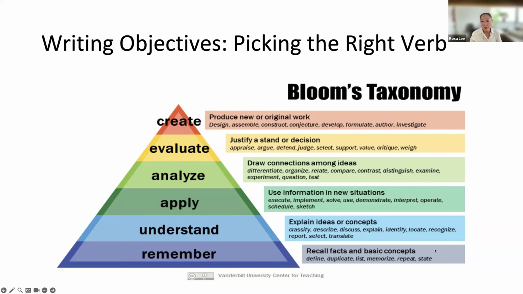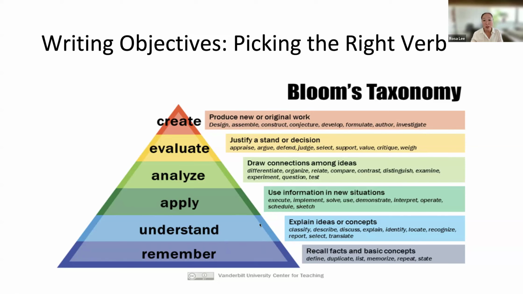So on the right are some nice examples of verbs that match each of these different levels in Bloom's taxonomy. And as you think about your curriculum and what your objectives are going to be for your learners, it's far easier to develop a curriculum that addresses the more basic levels in Bloom's taxonomy, right? Recalling facts, something very knowledge-based, can be pretty easy to develop and implement.